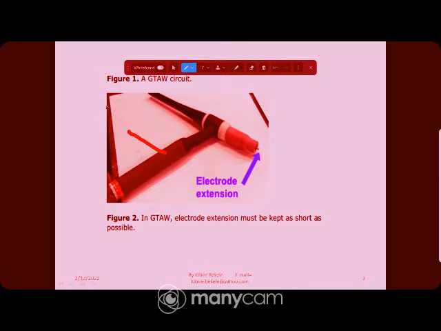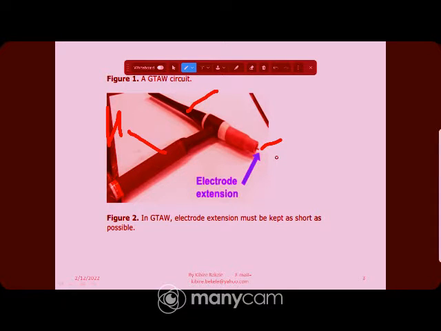This is the tungsten electrode, or we call it the non-consumable electrode, and this is also the cap, which is used to secure the back of the torch. So altogether these are the parts of the gas tungsten arc welding torch.